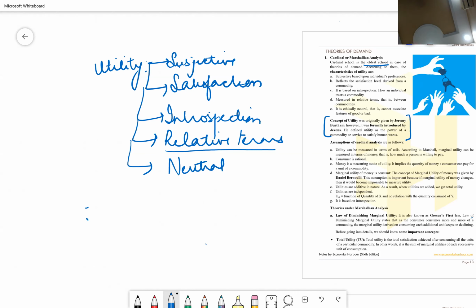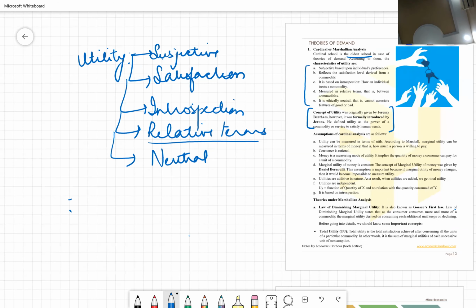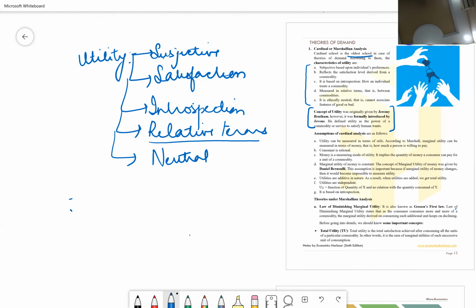There are no binaries in case of classifying the commodities which are present. So all the commodities give the individual some level of utility. Only the values differ across individuals. So these are the 5 characteristics of utility according to the Cardinal or Marshallian analysis.